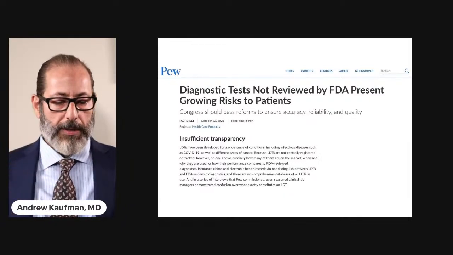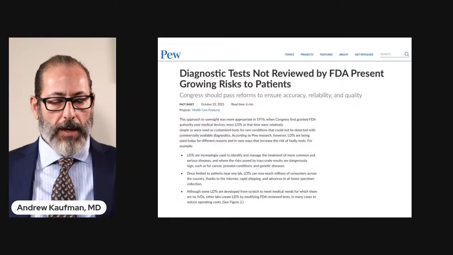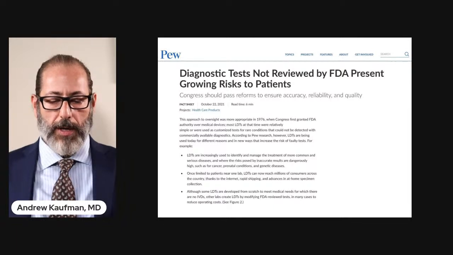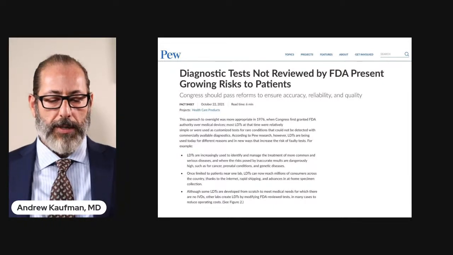Alternatively, if we go to the next slide, I'm going to read a little bit more from this article. This approach to oversight was more appropriate in 1976 when Congress first granted FDA authority. So in other words, there were no approvals or licensing before 1976.